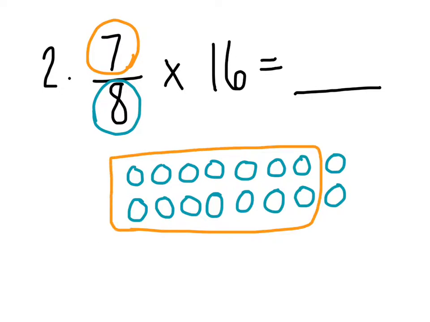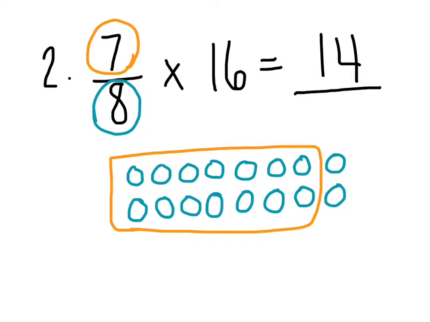And then we can count what is circled. So in this case, it's 2 less than 16, which is 14. So our answer is 14. If you counted those up and you got 14, that is the correct answer.